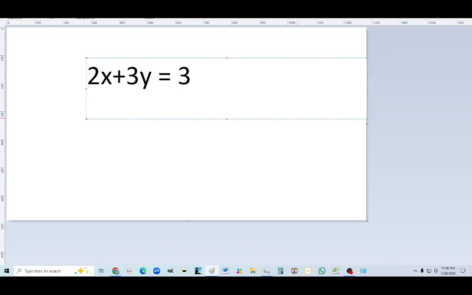Equals to a number. And this is actually a handy thing because we can discover when y is 0, this disappears. X is, divided by 2, x is 6. When x is 0, y is 4. So we'd have 6, comma 0 and 0, comma 4.